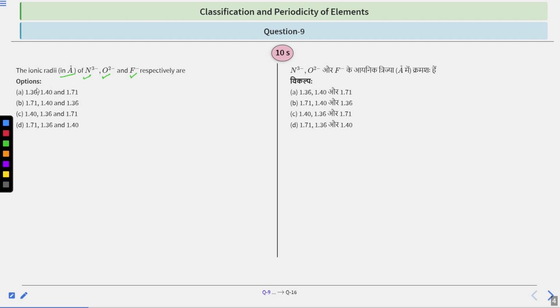Options are 1.36, 1.40 and 1.71; 1.71, 1.40 and 1.36; 1.40, 1.36 and 1.71; or 1.71, 1.36 and 1.40. You have 10 seconds to solve this question. After that, we will see the answer.